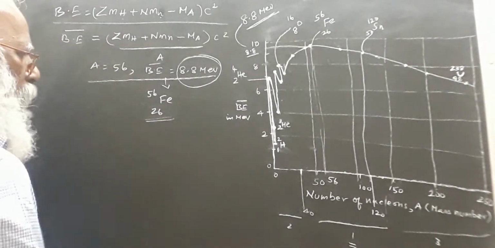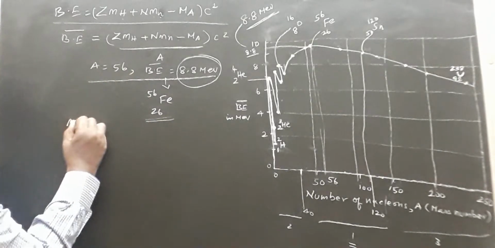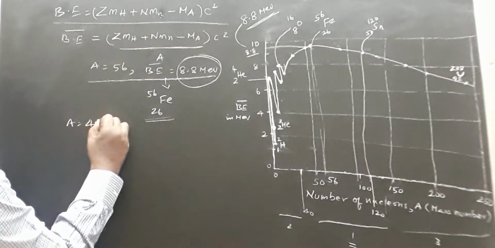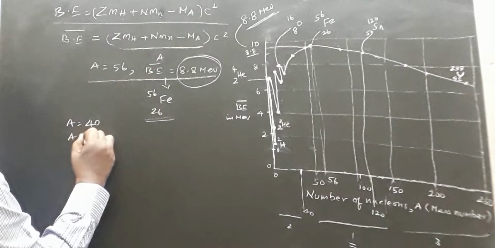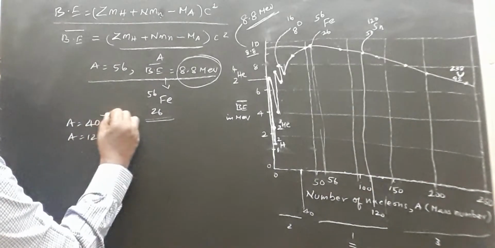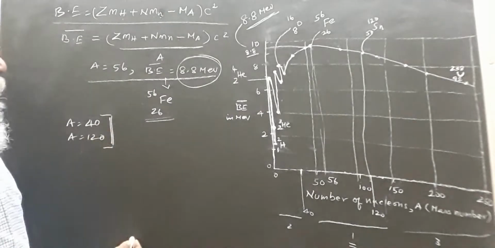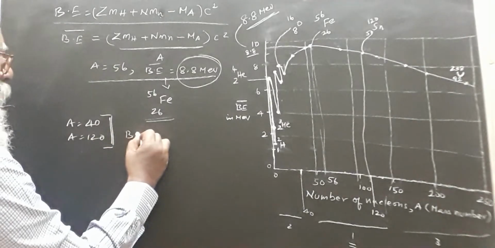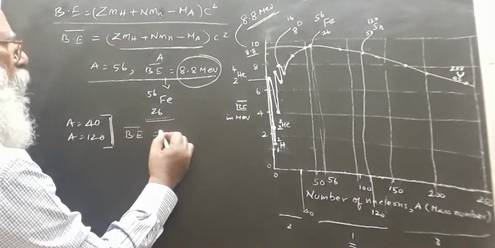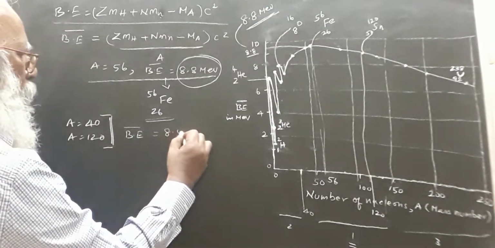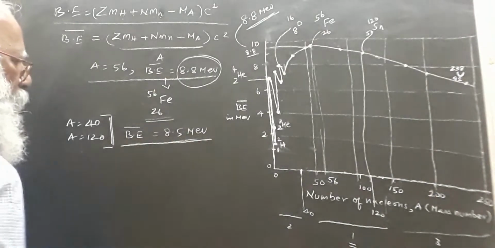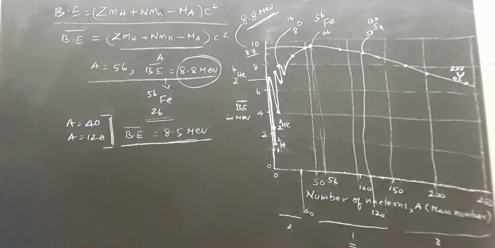So when A is equal to 40 and A is equal to 120, within this mass number range, the average binding energy per nucleon is equal to 8.5 million electron volt. This is the average.